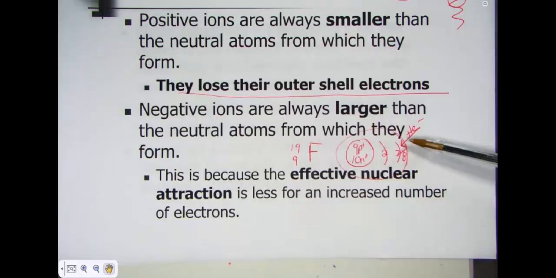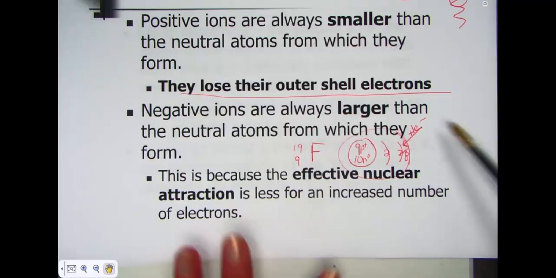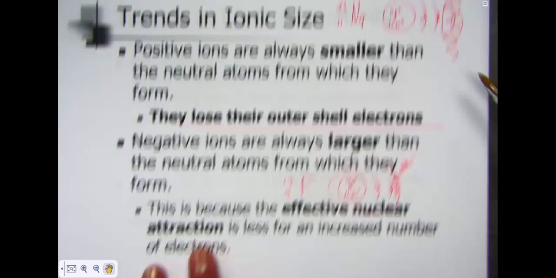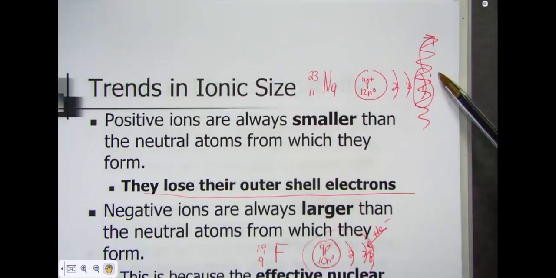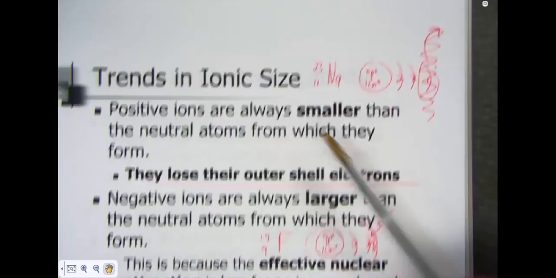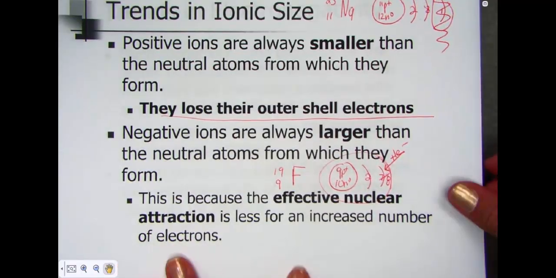Negative ions are larger than their parent atom because the effective nuclear attraction is less for an increased number of electrons. Adding in electrons makes the atom get bigger. Losing electrons makes the atom get smaller. Positive ions are formed when electrons are lost. Negative ions are formed when electrons are gained.